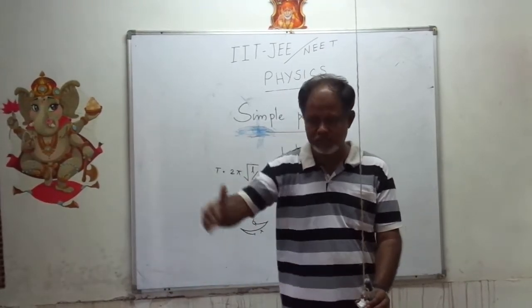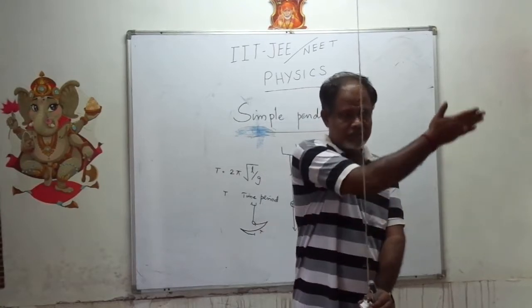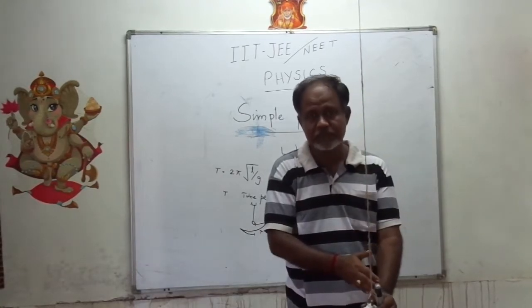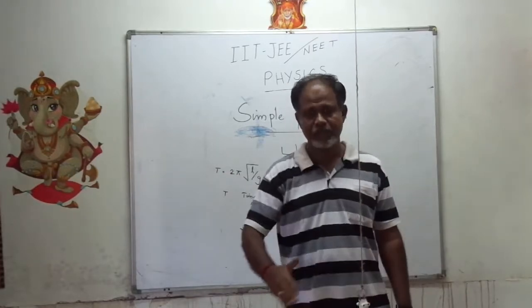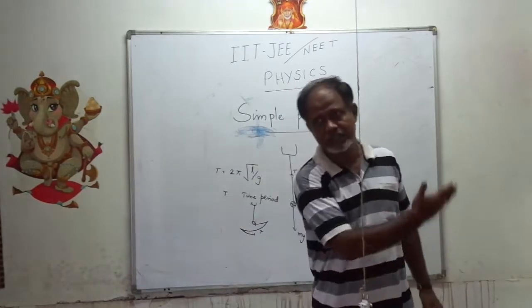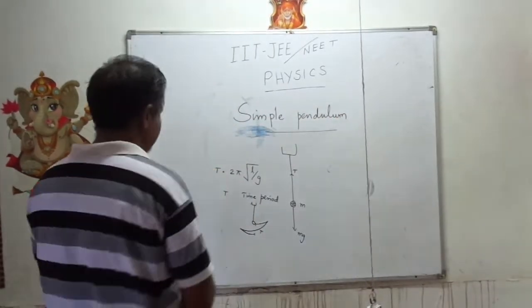From here to here, then back, then here. This is called one oscillation. The time taken to complete one oscillation is called the time period.